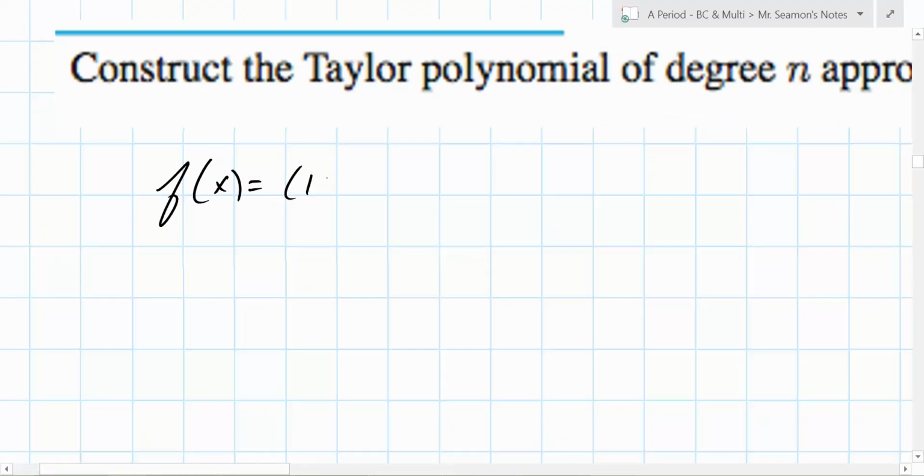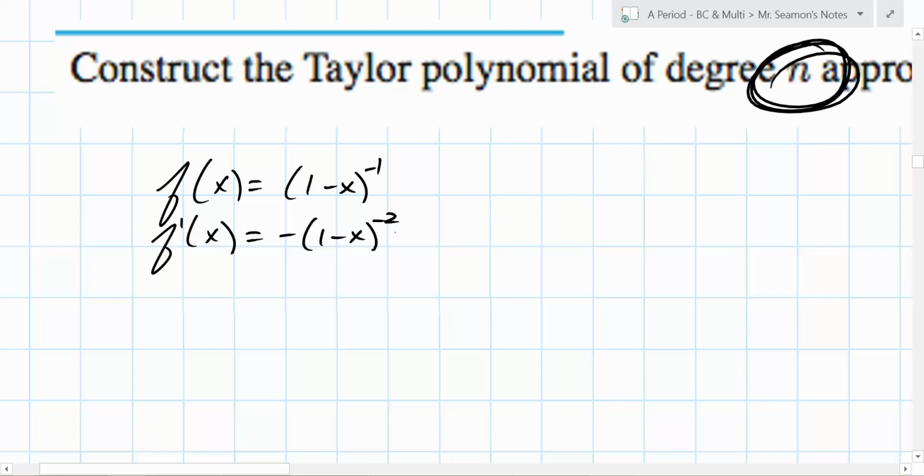No, it's 1 minus x to the negative 1. So what do you have to make a list of first? The derivatives. Now, Umi, how far do I need to go on this? Ah, perfect. You have to go until you see a pattern.